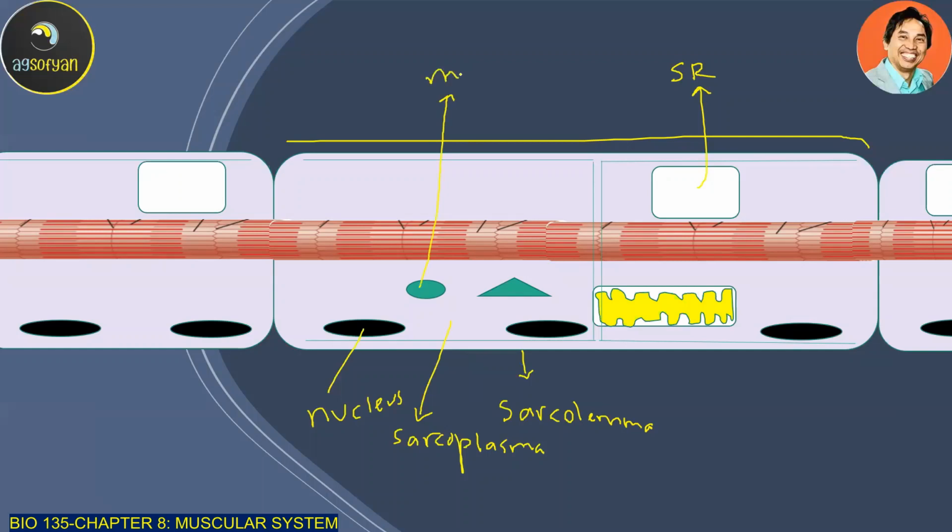It's called the myoglobin. Okay, it has special storage for glucose. It's called the glycogen. Okay, of course, it has an organelle that produces the ATP, the mitochondria.